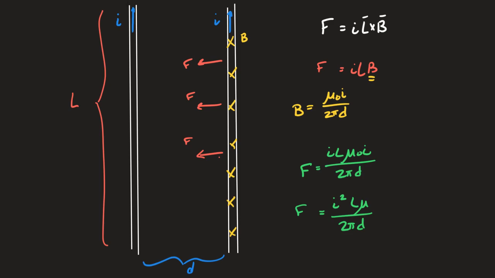If I had two charged particles and I want to see the force between them, the two charged particles would be Q squared over 4 pi epsilon naught d squared, right? If they were a distance d apart, I'd have a similar calculation.